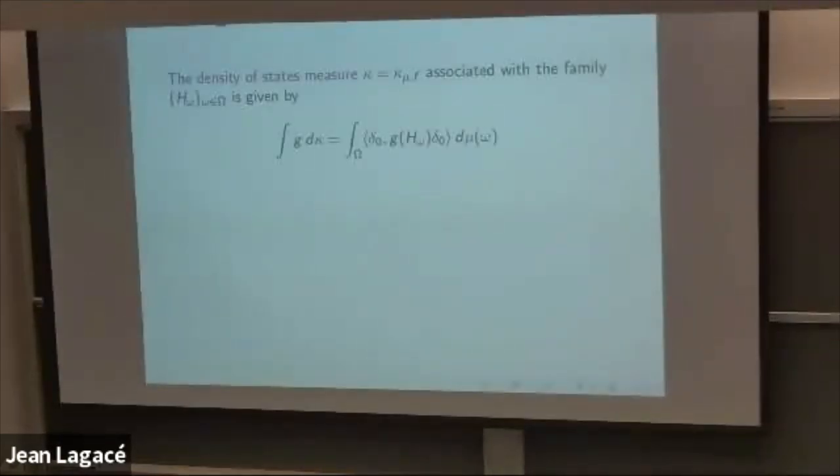All right, here is another slide that contains things that you surely have seen before. The density of states measure is the mu average. Mu here is the ergodic measure on omega that you choose. You take the spectral measure corresponding to h omega and delta naught, and you average that against mu, and you get a new probability measure, called the density of states measure.